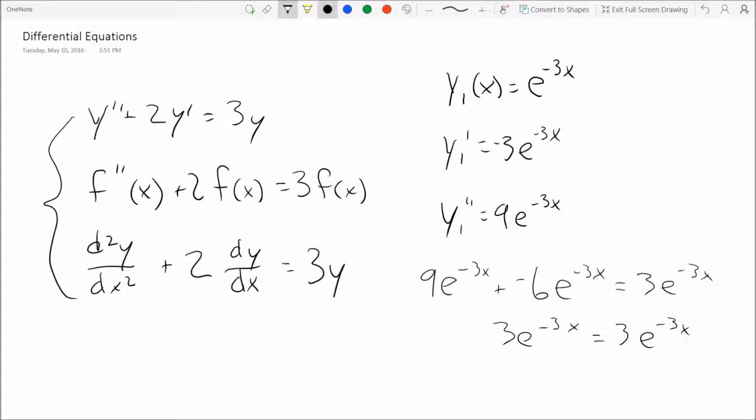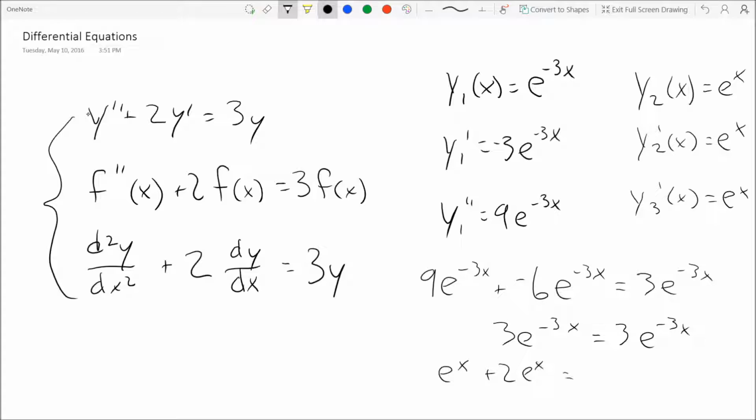You might have noticed when you were looking at this that another solution actually works, and that's just simply which just gives us which also solves the equation.